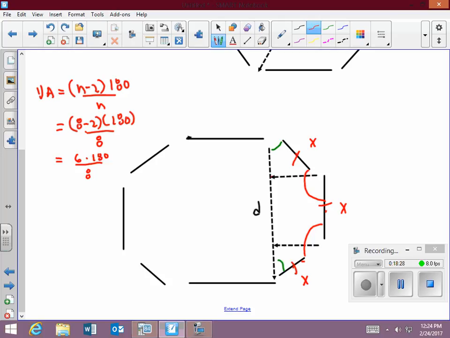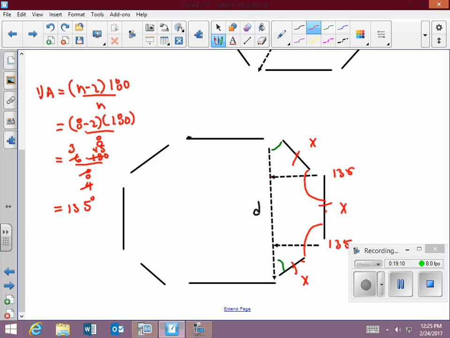Simplify by 4 and 3: 540 over 4, which is 135 degrees. So this is 135, and this is 135.